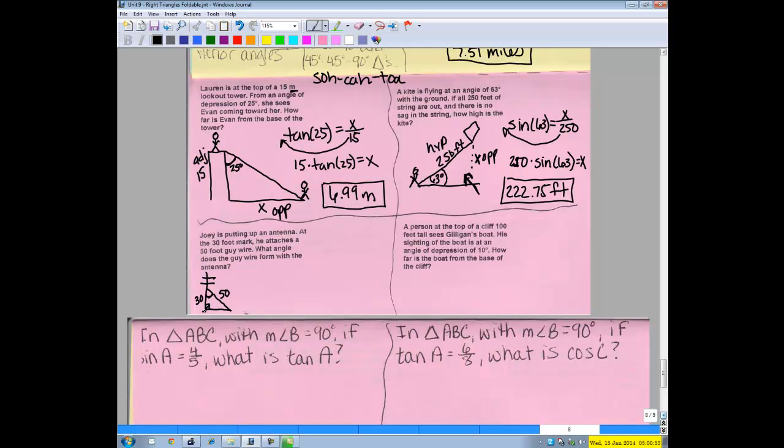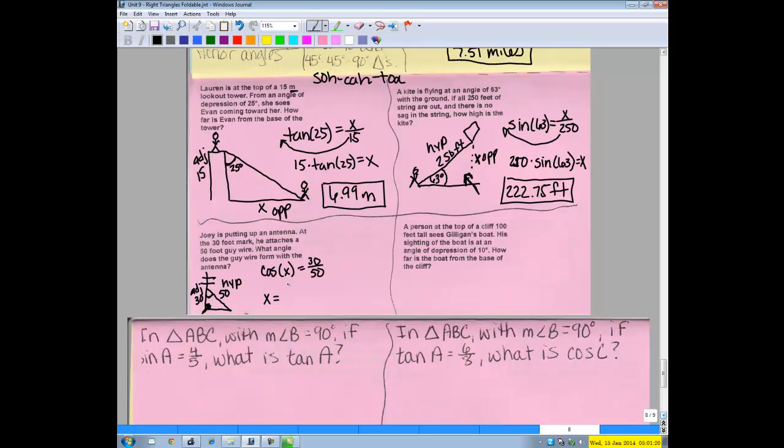Of course, across from our 90-degree angle is always our hypotenuse. Since we're looking at this angle, this side is right next to it, so this is adjacent. So what uses adjacent and hypotenuse? Cosine uses adjacent and hypotenuse. So the cosine of x, because we don't know what that angle is, equals adjacent over hypotenuse, so 30 over 50.